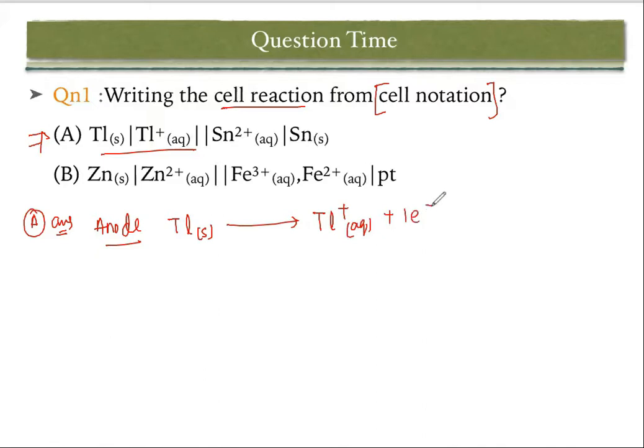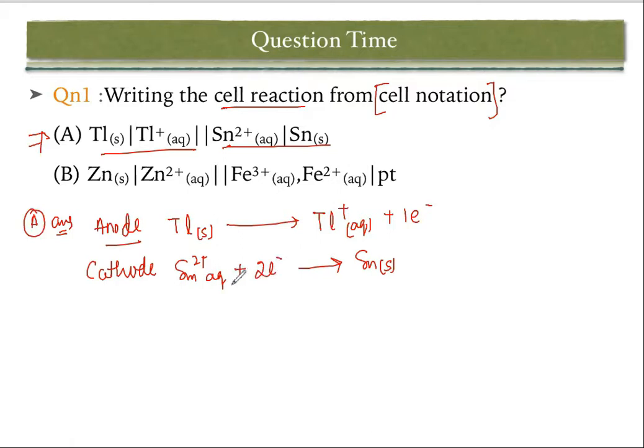Here, in this redox reaction, the n factor will be 1. And what is the cathode reaction? This is the cathode part, right? Sn2+ aqueous is going to convert to Sn solid. What is the number of electrons involved? Here it is 2, right?